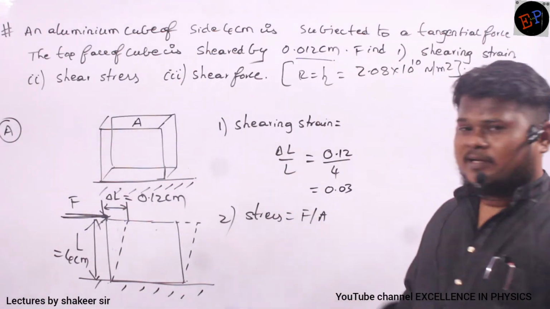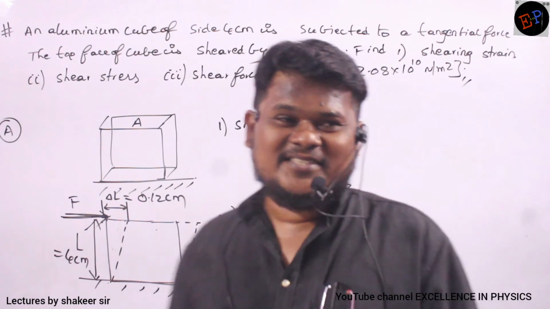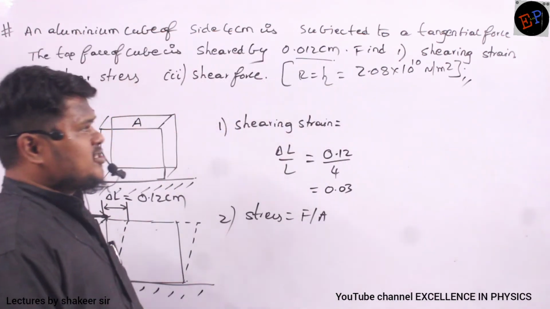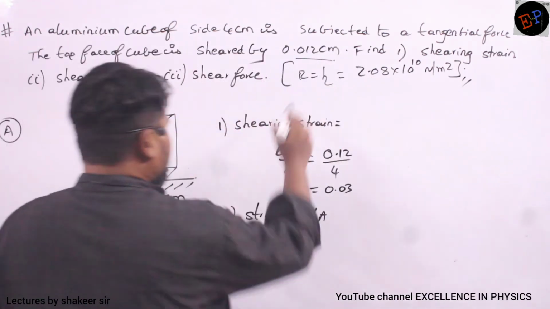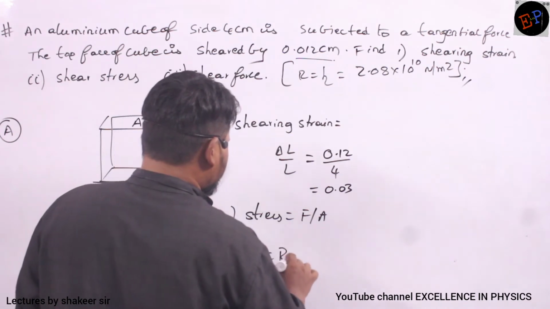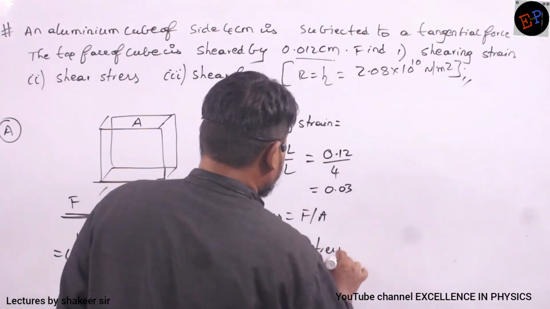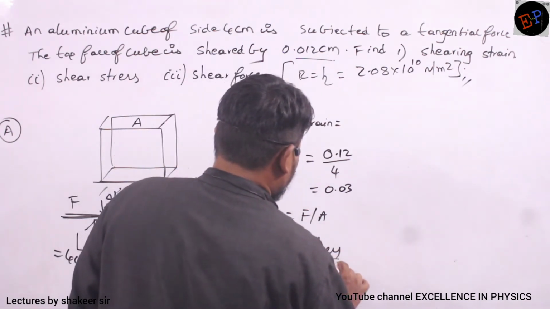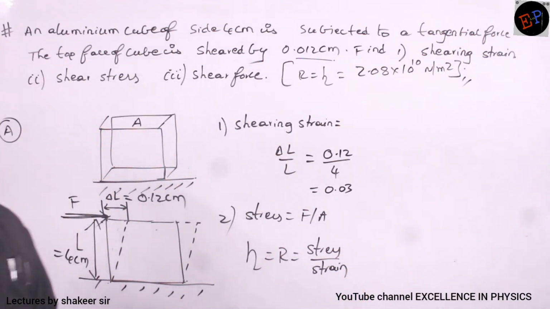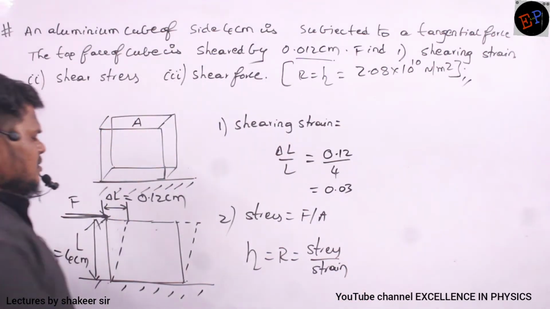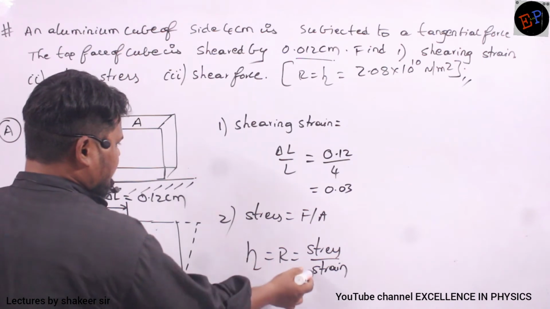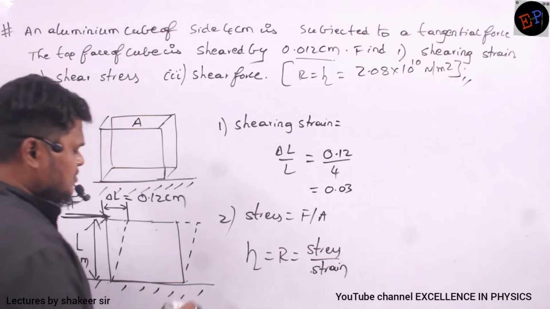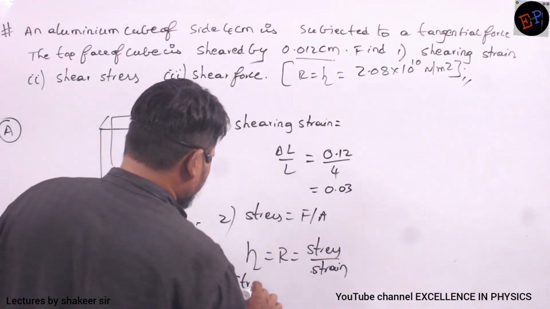Where is the modulus here? That is the rigidity modulus, or you can call it the shearing modulus. Clear? Eta value, the shearing modulus, is nothing but stress divided by strain, the modulus of elasticity. Basic meaning: stress by strain. Okay. So eta value is already given. Strain we have calculated. So can't you calculate stress? So stress, how can I calculate?